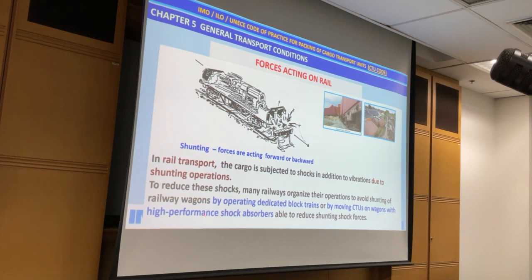So to reduce these shocks, many railways organize their operations to avoid shunting. Block trains, not too many wagons, only one block, so that the blocks won't hit each other, okay? Or they use high performance shock absorbers in between wagons.